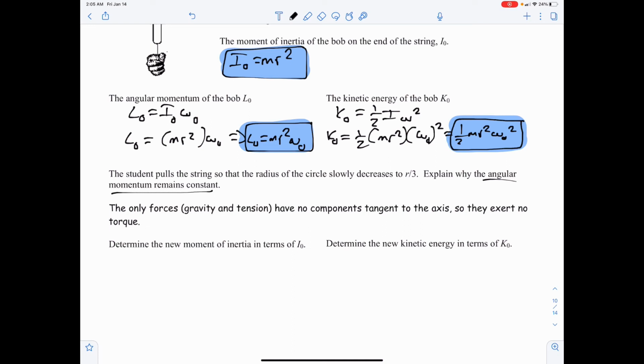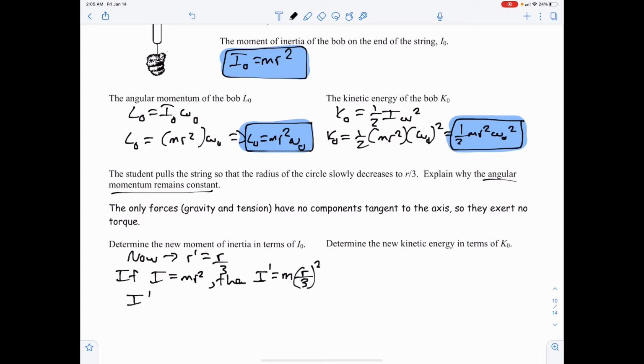But let's figure out the new rotational inertia. So now the radius, I'm going to call this r prime, is now the old radius divided by 3. So if I is equal to mr squared, then I prime, I guess we'll call it, is equal to m times the new r, which is r over 3 squared.